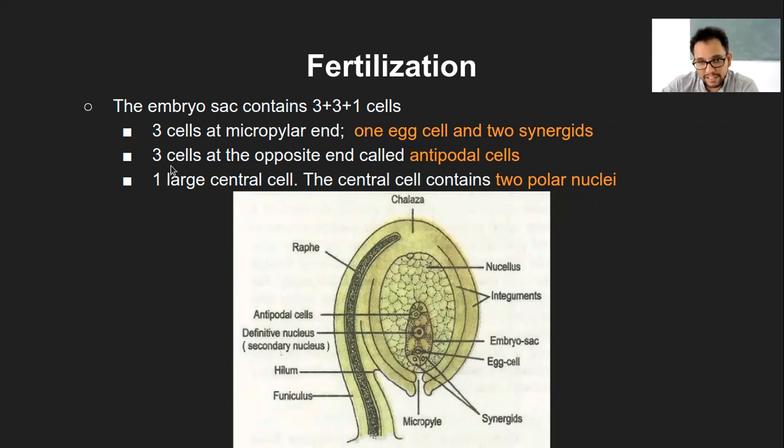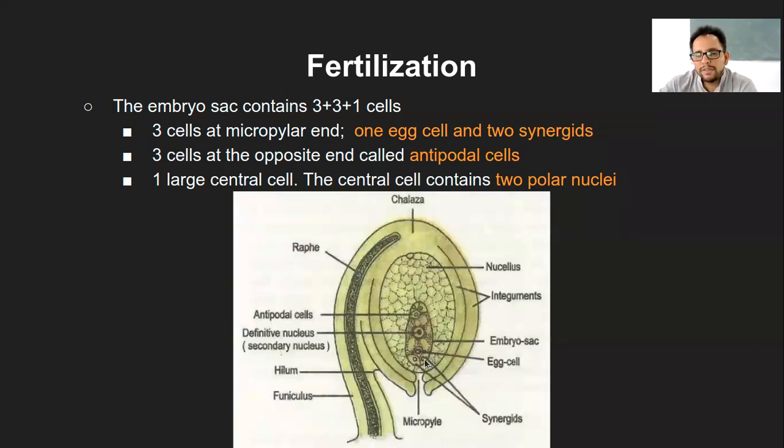Then there are 3 cells which are opposite to the micropyle. That end of the embryo sac is called the antipodal cells. Again, these are 3 in number. So again, synergid cells, 1, 2, and then the egg cell, and these antipodal cells on the other end.